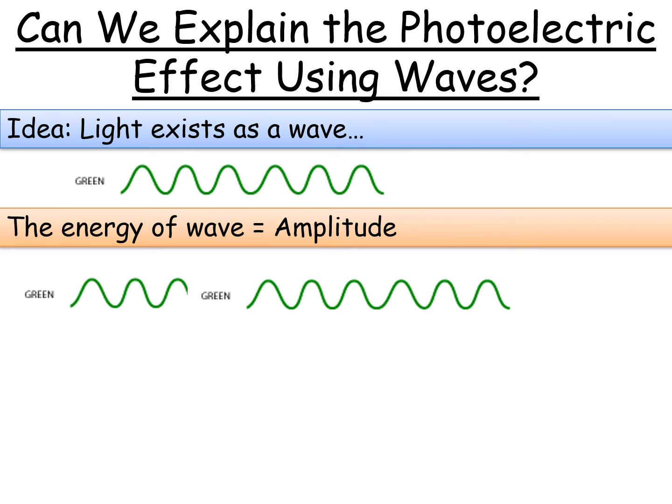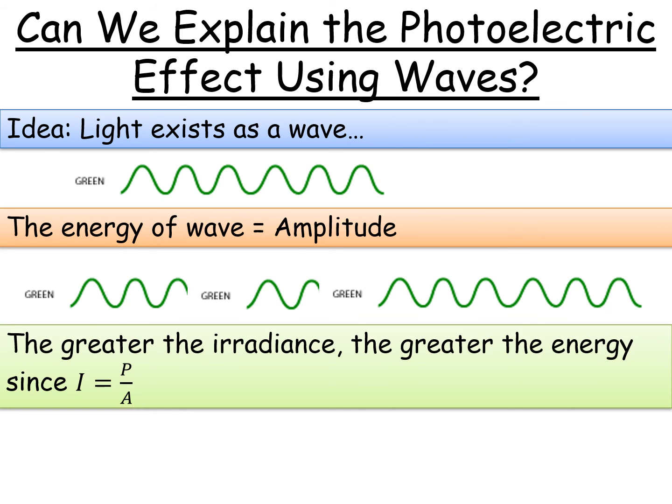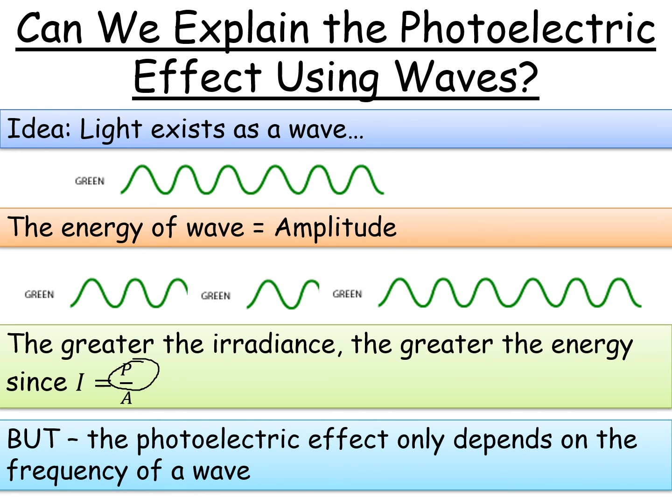Remember, we can get constructive interference. Now, what happens in constructive interference? The waves combine to give you a bigger amplitude, don't they? Okay. Now, if they combine, it means the irradiance must be greater because the power of the waves is more. Because remember, the amplitude has got bigger, so that means the energy is bigger, so that means the irradiance has increased.